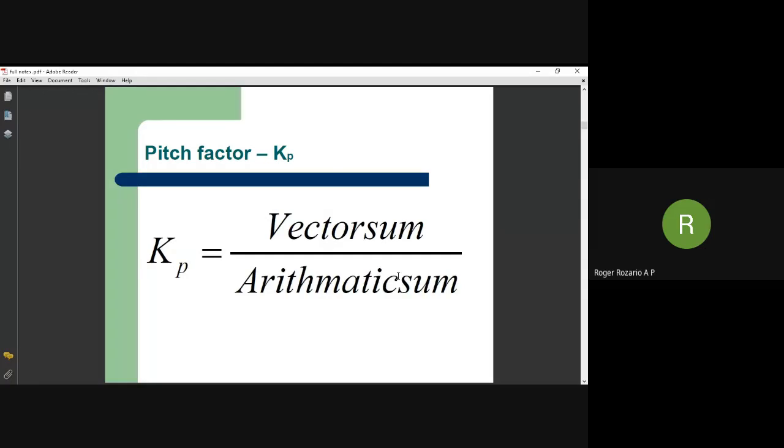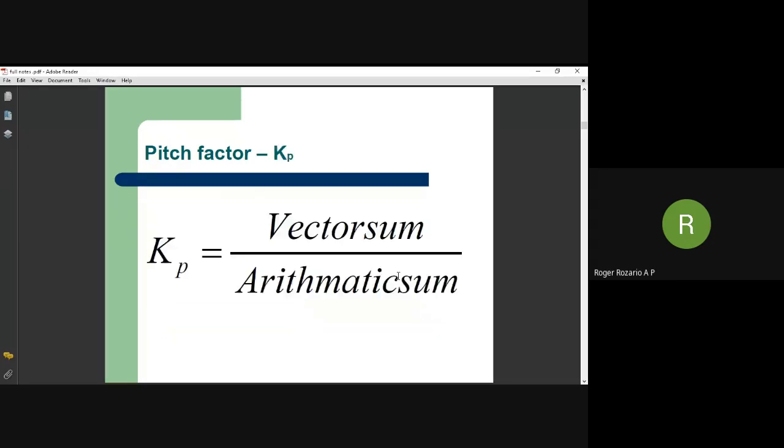So Kp can be calculated as vector sum divided by the arithmetic sum. Kp is the pitch factor, and this factor is introduced because we are using fractional pitched windings. Fractional pitched windings reduce the coil span by some angle, and in order to incorporate that reduction, we introduce this pitch factor, Kp equal to vector sum by arithmetic sum.